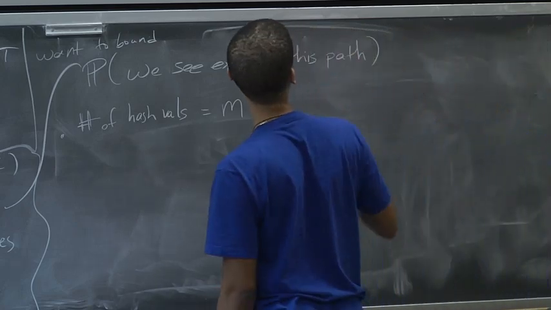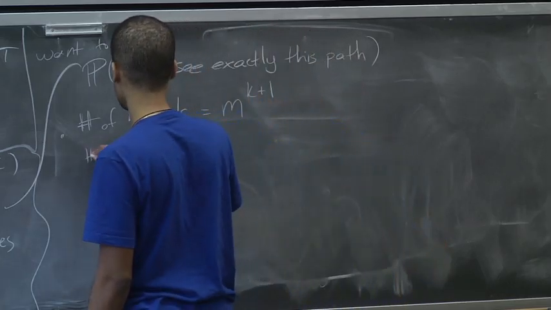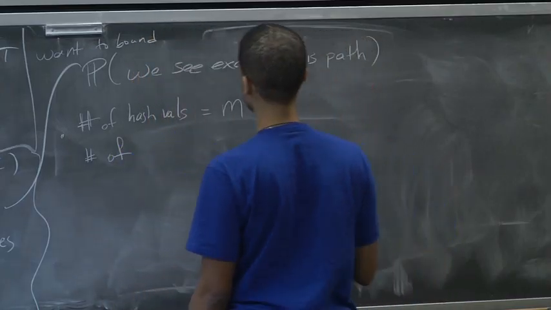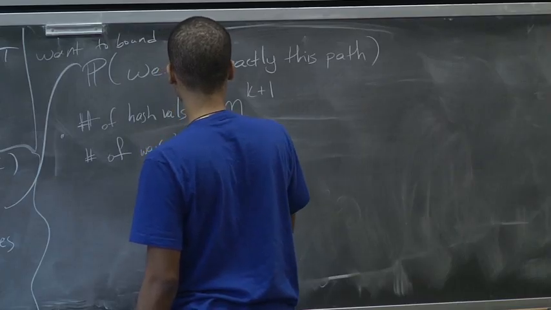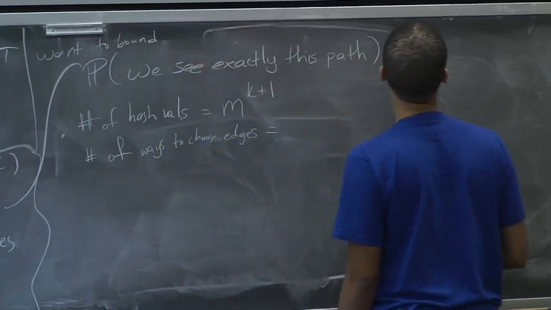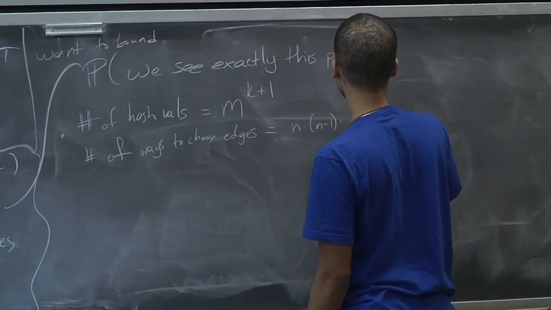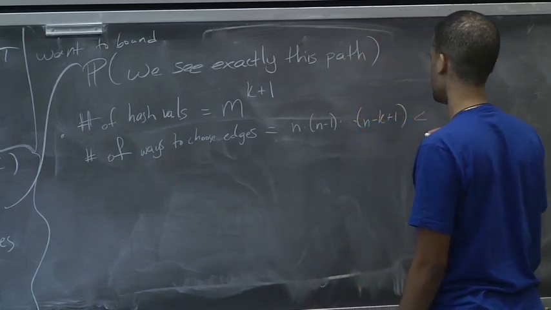So the number of ways to pick the vertices, and also the number of ways to choose edges is n times n minus 1 times down to n minus k plus 1, which is at most n to the k.